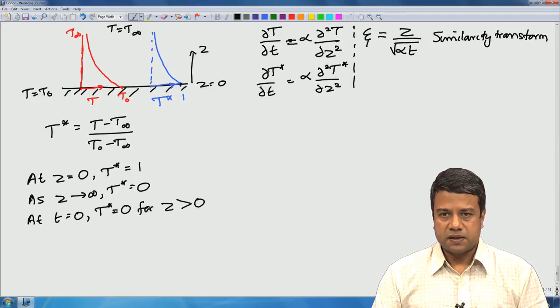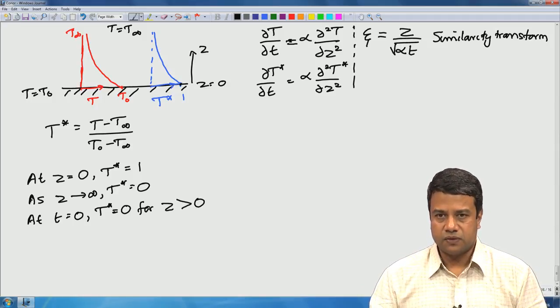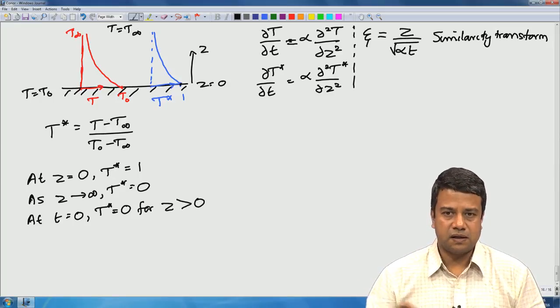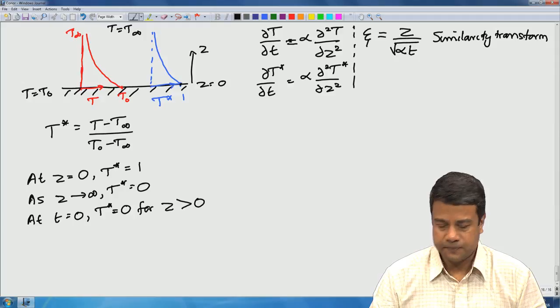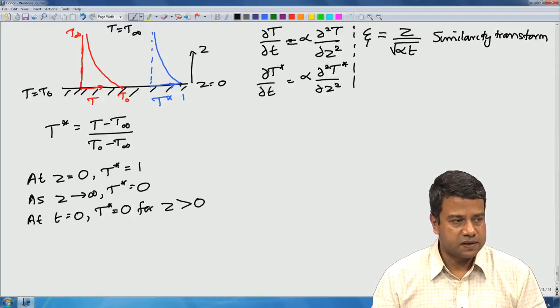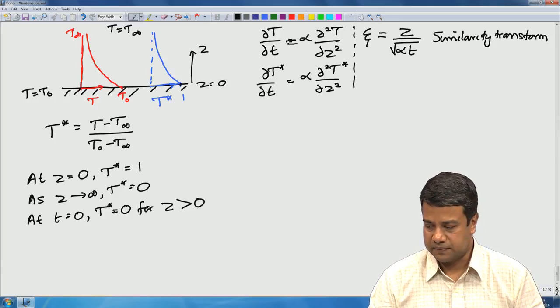Just based upon dimensional analysis, I can reduce the partial differential equation in two variables, time and z, into an ordinary differential equation which is only a function of the scaled coordinate psi alone. So, this basically reduces the partial differential equation to an ordinary differential equation.